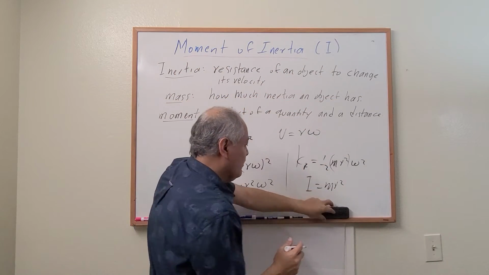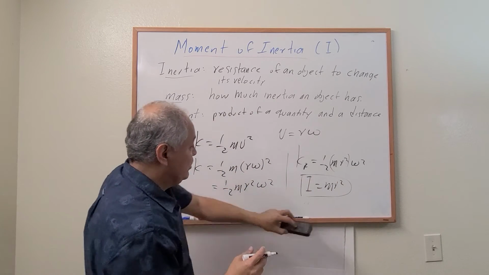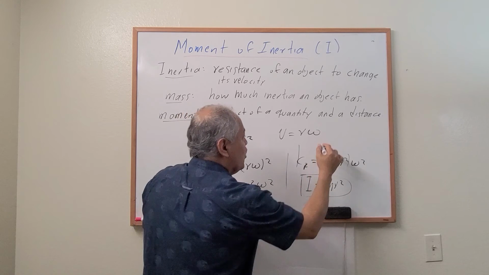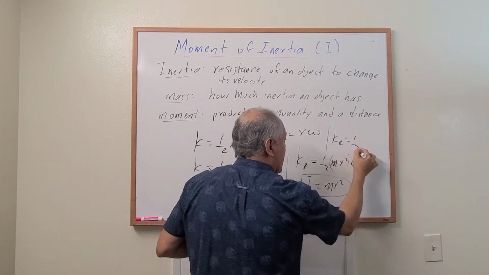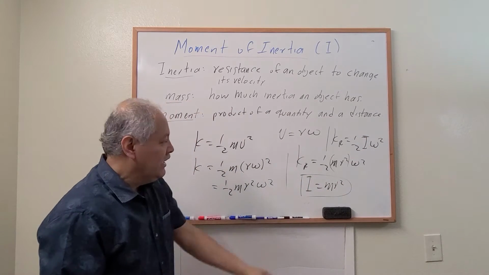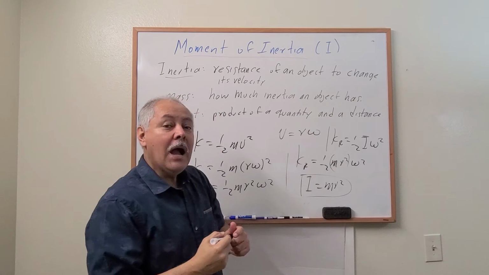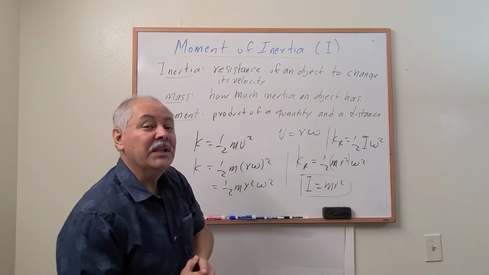This is the moment of inertia. Now, when we go back to the initial equation, we get that rotational energy is equal to 1/2 moment of inertia times omega squared. This is the origin for this quantity, moment of inertia.